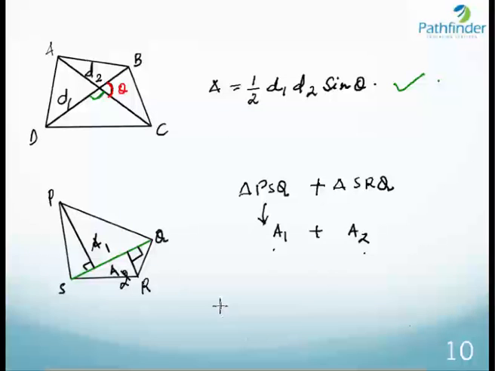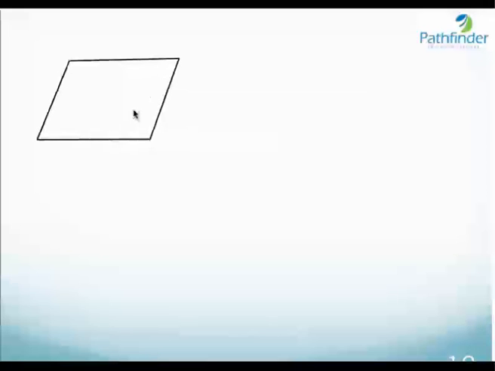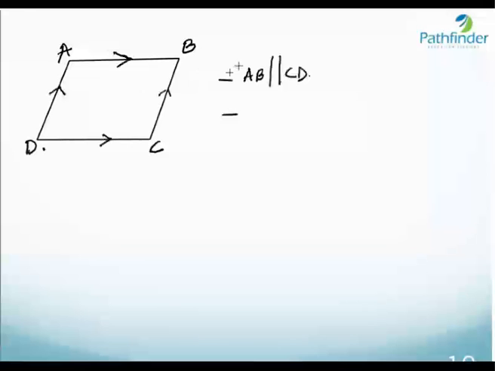Let us move on to some other properties of some special quadrilaterals, starting with the parallelogram. So we have a parallelogram ABCD, and in this parallelogram we have two sets of parallel lines, AB parallel to CD and AD parallel to BC.